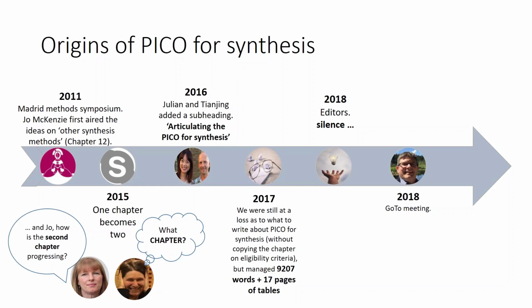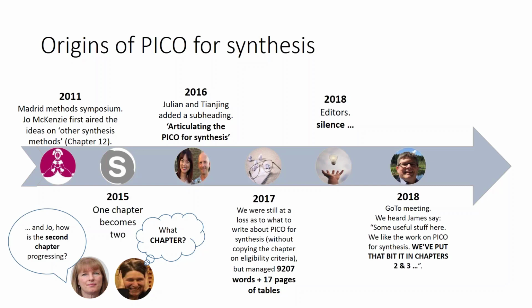And by late 2018, we were still in a position where we were starting to worry that PICO for synthesis and all those words were going to end up in the bin. So we initiated a conference call with Julian and James to alleviate our anxiety. And in the course of that call, rather than hearing that this concept was going to be in the bin, we heard James say, there's some useful stuff in here.